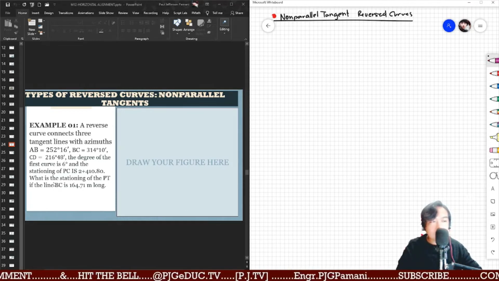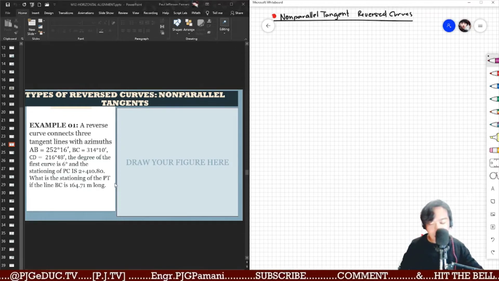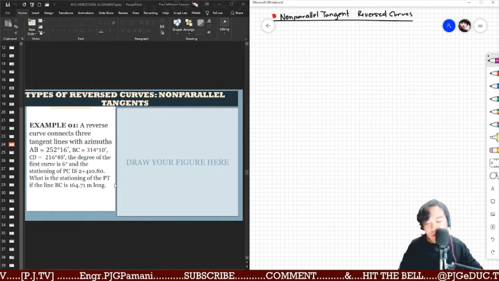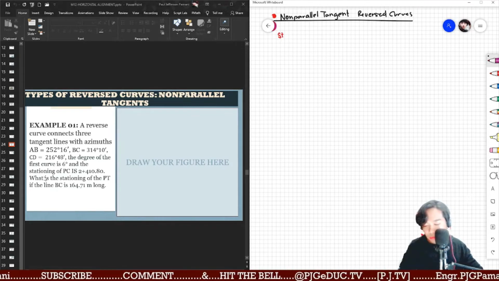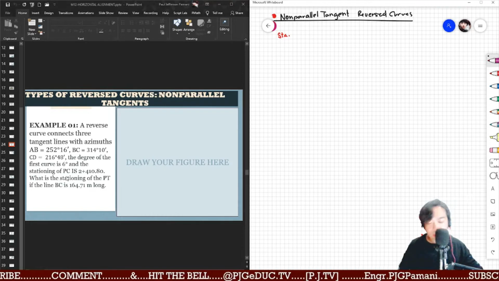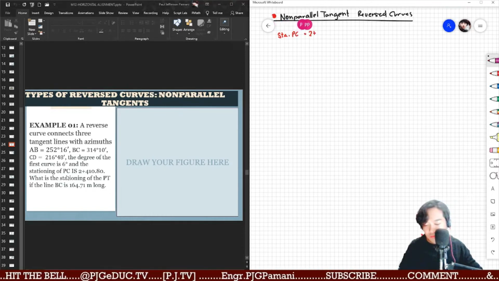Alamin natin kung ano yung line BC muna for us to solve for the station of PT. Ito ang goal natin for this particular problem. We know on the problem the station of PC, which is equal to 2+410.80.